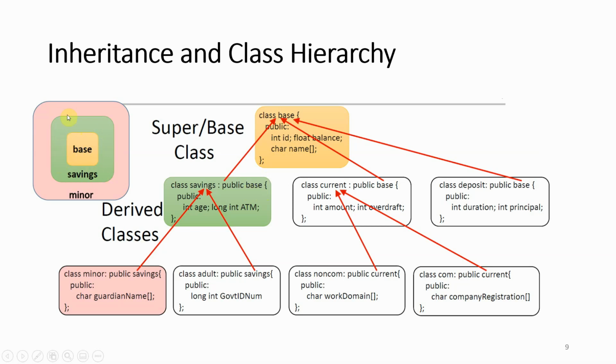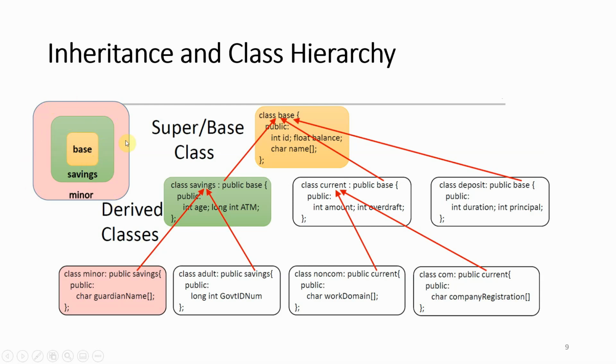In addition to that, it would have age and ATM. So you can think of the child class as always bigger, or if you don't have any member variable, the same size, but it can't be smaller than the base class. It would have additional member variables, so it would be bigger than the parent class.